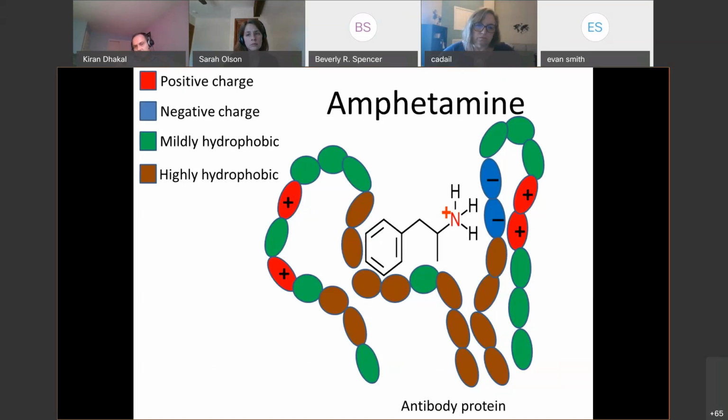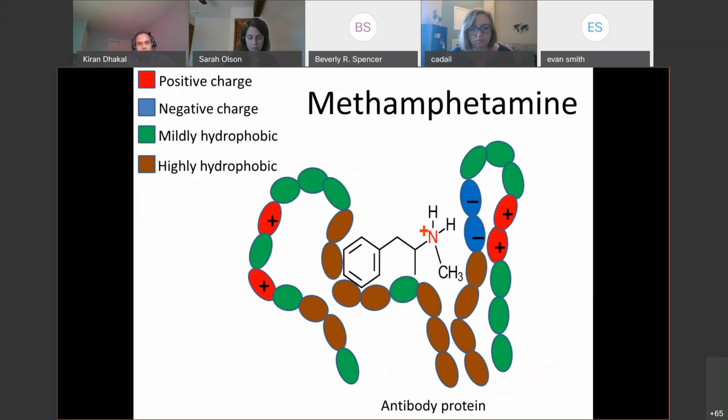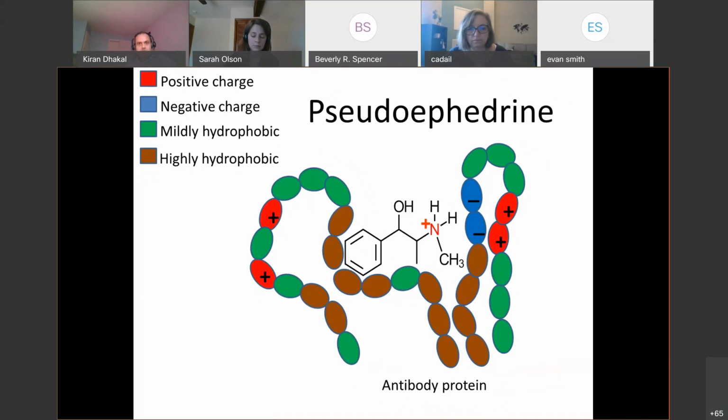Amphetamine perfectly fits in that pocket, and it has a positive charge, and that reacts with some negative charge in the antibody molecule, and it gives a positive signal. But methamphetamine also fits in the same pocket. It has the same charge. It similarly binds with the antibody, and it will detect the methamphetamine as well. Not only methamphetamine, pseudoephedrine reacts the same way. And ephedrine also reacts the same way. So all these structurally similar chemicals will be positive for the amphetamine assay.